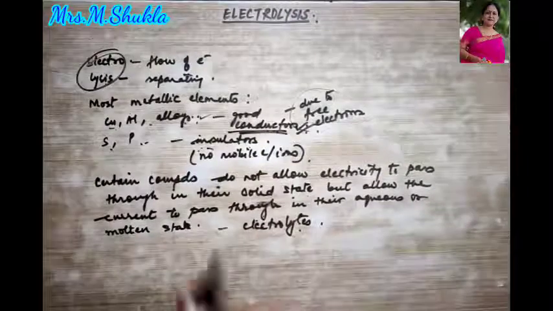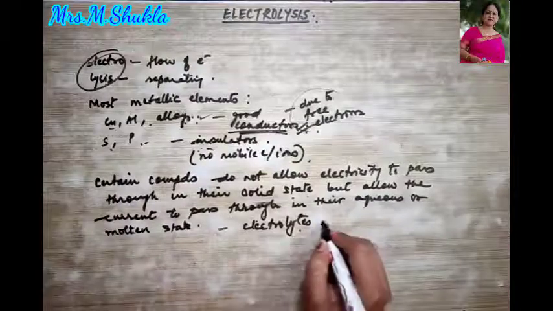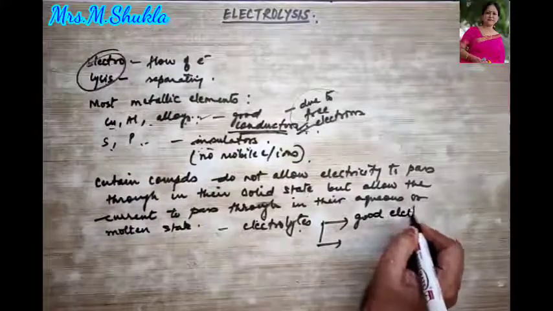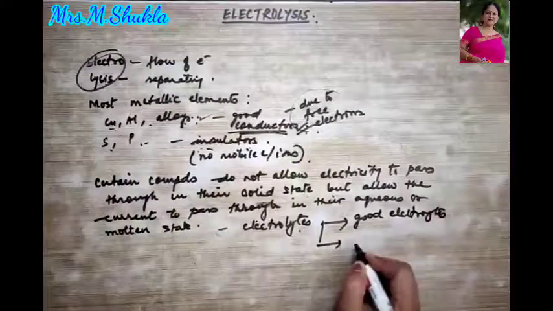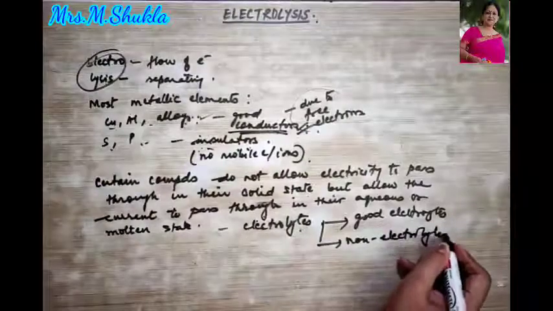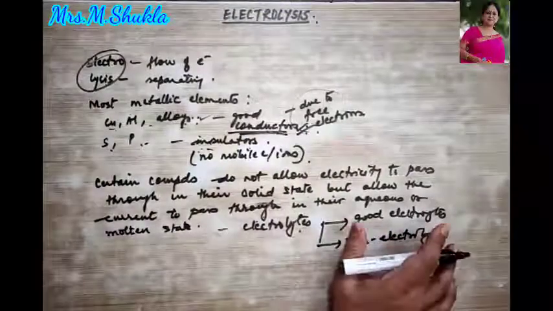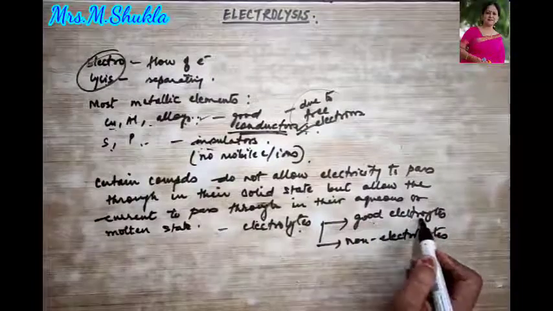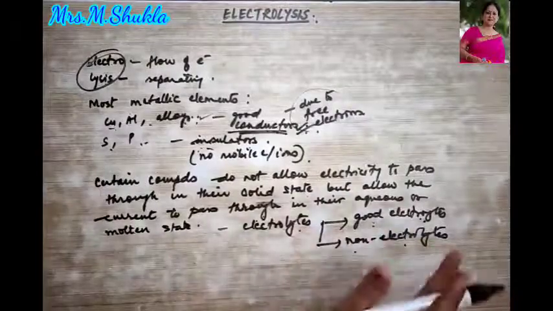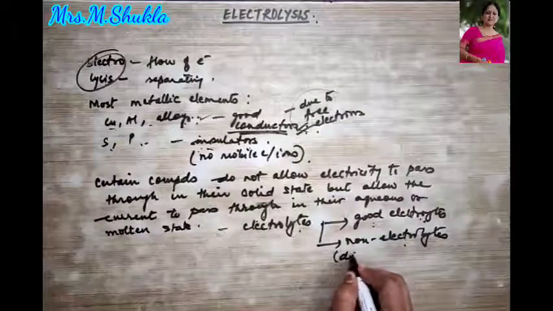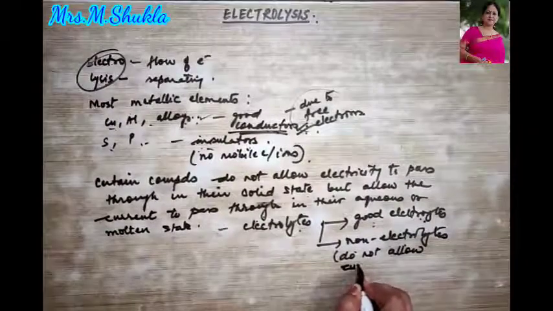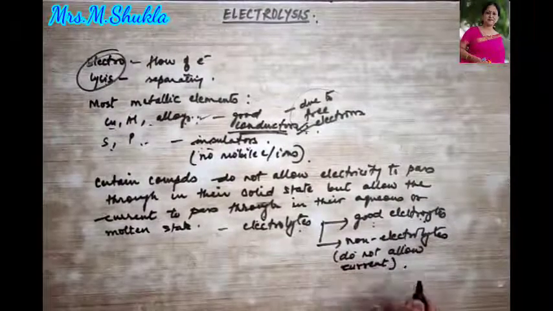Then we can also say these electrolytes are of two types. They are good electrolytes and non-electrolytes. As the word suggests, good electrolytes allow current to pass through, but non-electrolytes do not allow current to pass through. Clear?